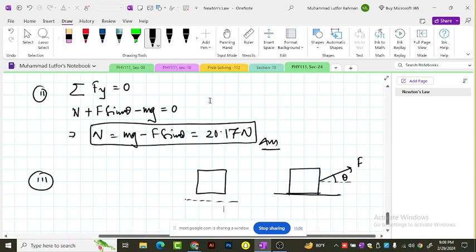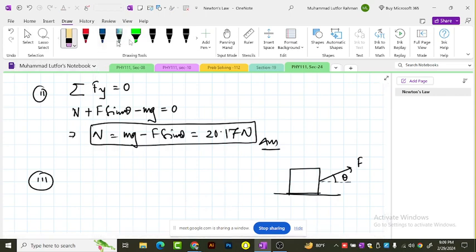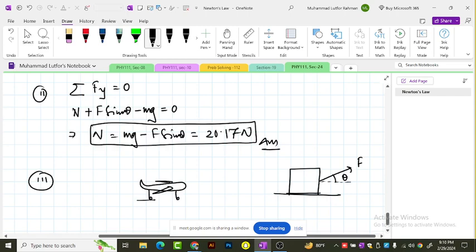The best example I can give you is this. When an airplane takes off from the surface, the normal reaction force on the aeroplane becomes 0. How does it become 0? Let's say it is on the runway. In that case, how many forces does it have? It has 2 forces.